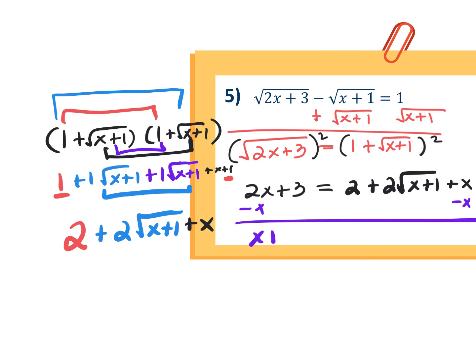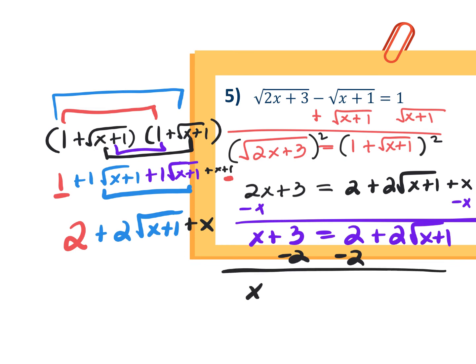And then I get x plus 3 equals 2 times the square root of x plus 1. Then the next thing I can move is my constant. So I could subtract 2 from both sides. And then I get x plus 1 equals 2 times the square root of x plus 1. All right, I'm just going to leave the 2 in front of that radical.